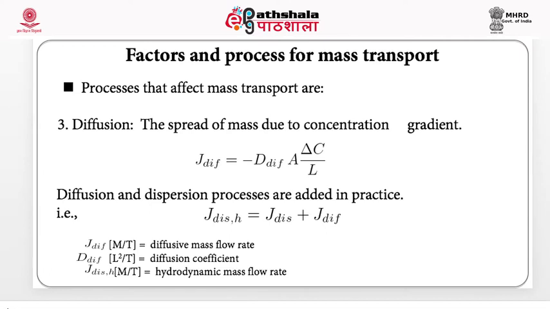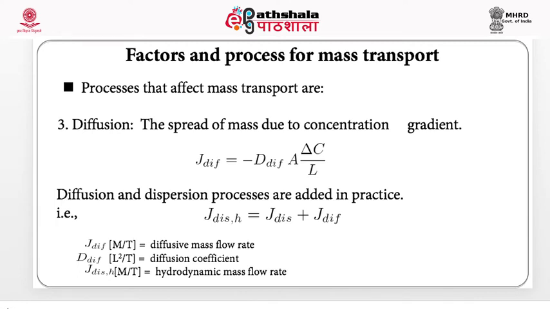In practice, we combine diffusion and dispersion processes, and we generally come up with the third mass flow rate, that is called hydrodynamic mass flow rate, abbreviated over here as J_DISH, H.